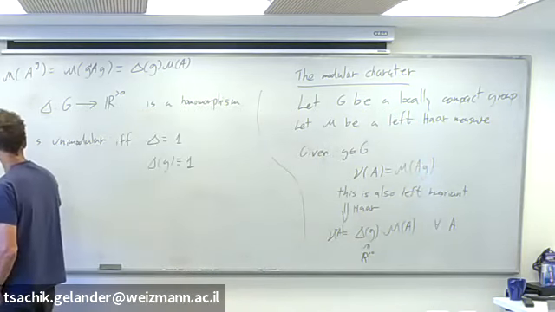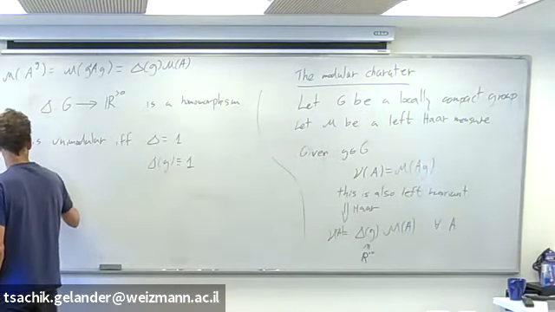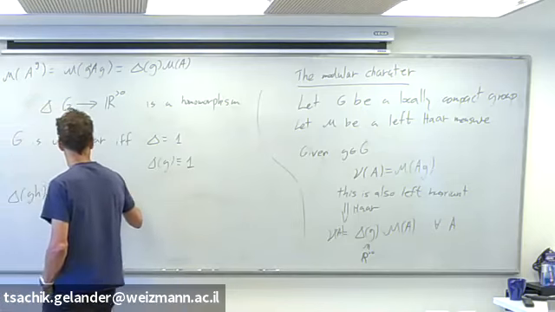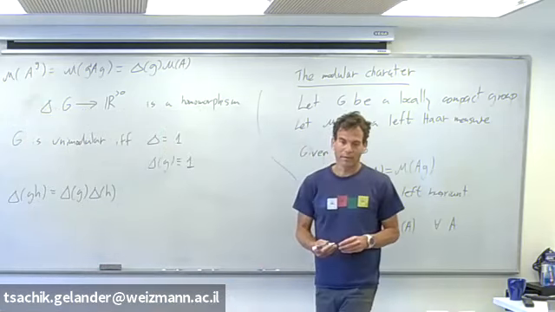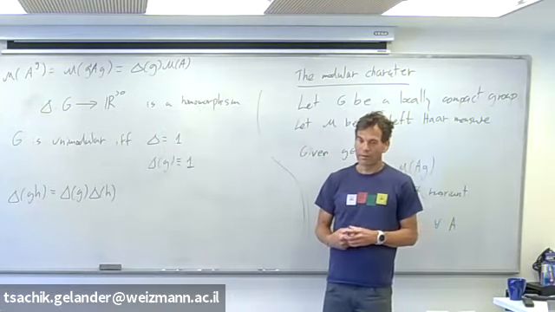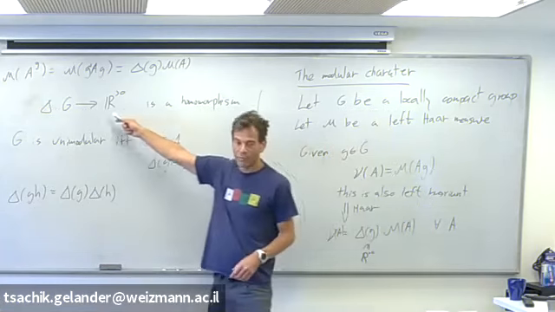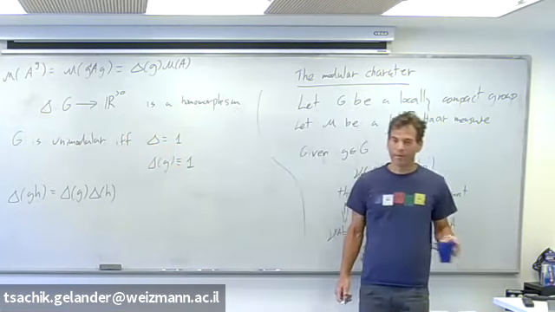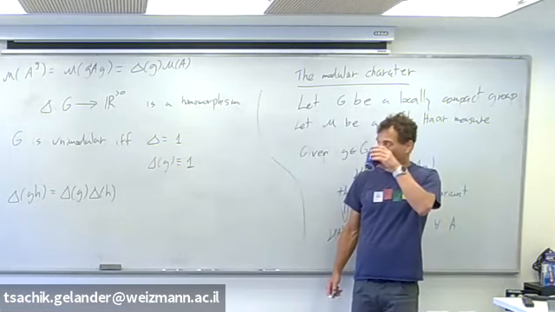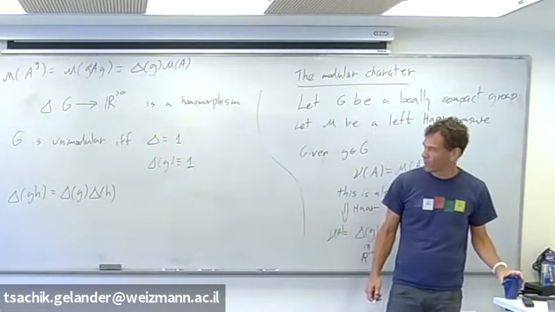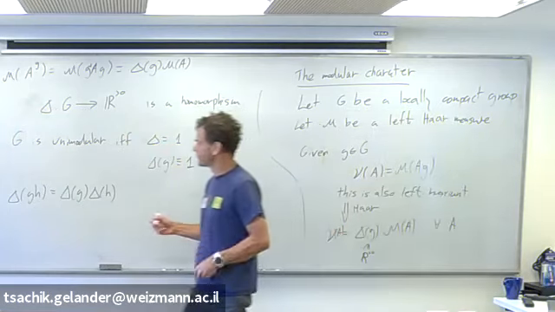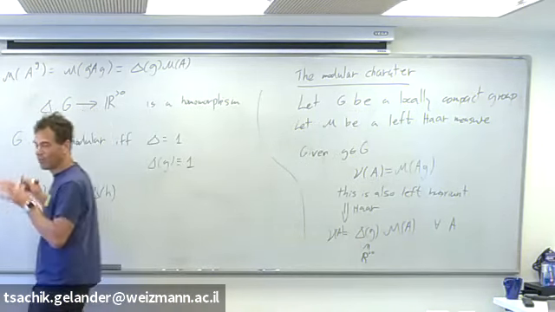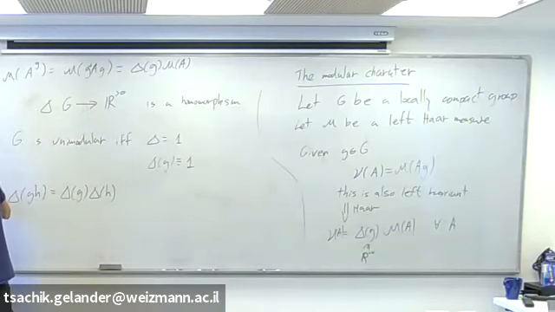As a group homomorphism, delta of gh equals delta of g times delta of h, it's a very straightforward exercise. But it takes values in the positive reals, which is a multiplicative group. This is the character, and this is called the modular character. To verify this, I won't even write it as an exercise, because you just write one line and verify.